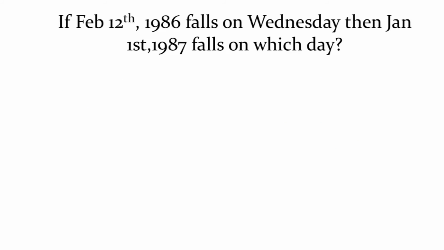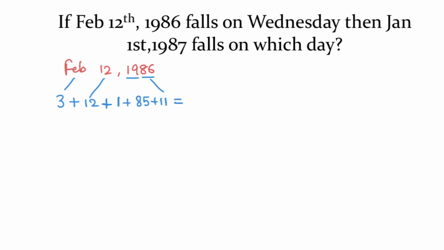If Feb 12th 1986 falls on Wednesday, then Jan 1st 1987 falls on which day? Feb 12th 1986 falls on Wednesday. February month code is 3. 12 days completed and it is the 20th century, 19 centuries are completed, century code 1, and 85 years completed with 21 leap years.